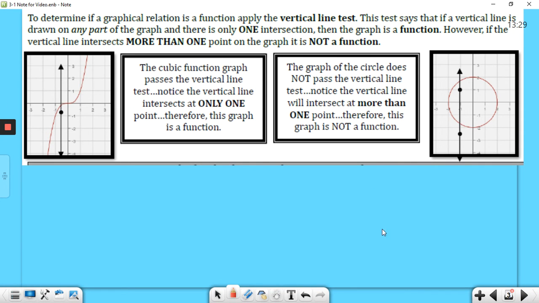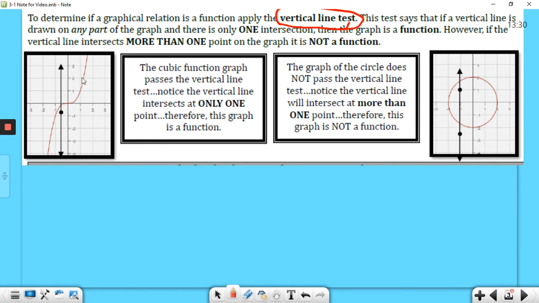But first, let's just talk about a graphical relation. When we are studying graphs, there is a very quick way to decide if a graph is a function, and that is called the vertical line test. So we can use the vertical line test to help us decide if a graphical display is a function.